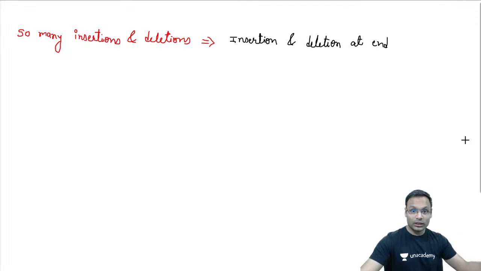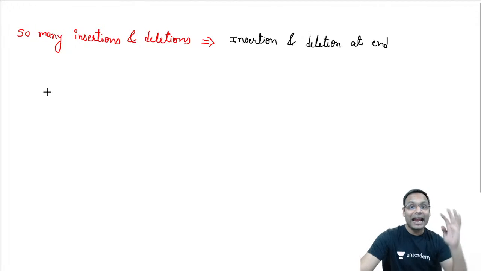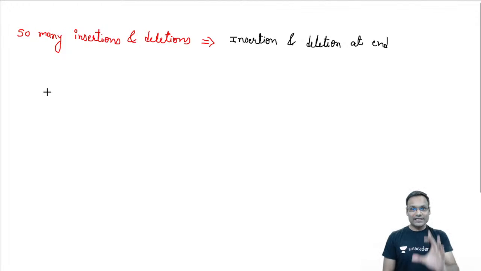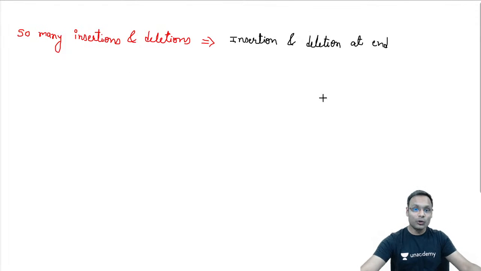But now the thing is, if you have insertion and deletion based on some pattern, like insertion and deletion in a sorted array. Now the array is sorted, you cannot insert a new element at the end, or delete an element based on just the last element. So in that case, if you want to maintain the array sorted and you have to insert a new element or delete some element, then you cannot prefer this one.